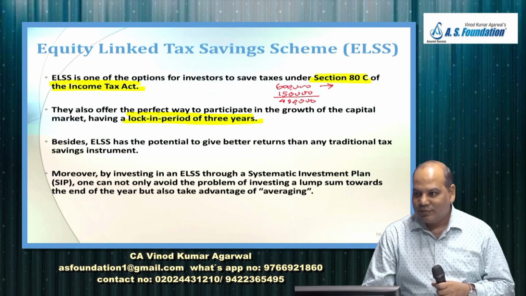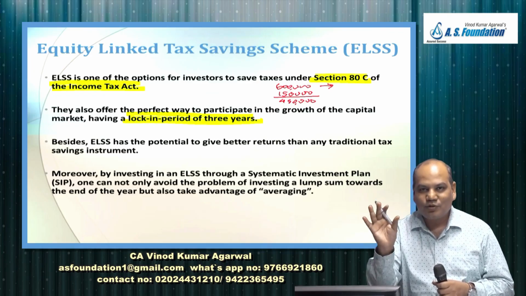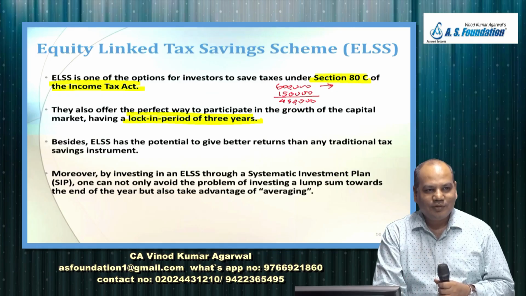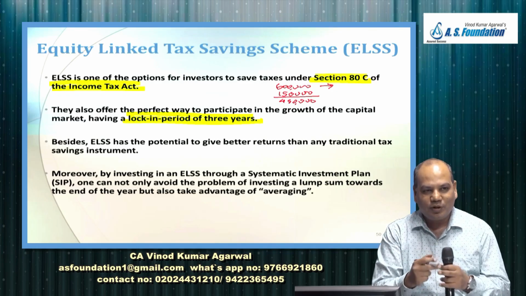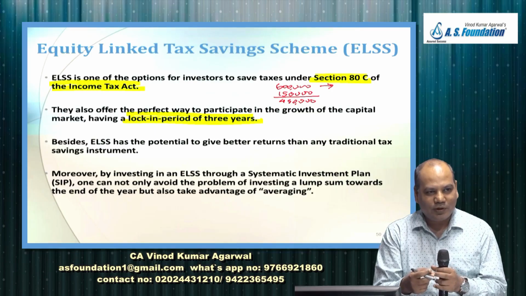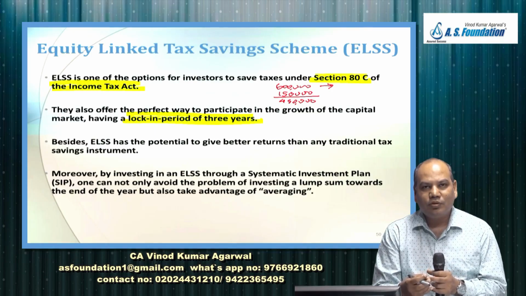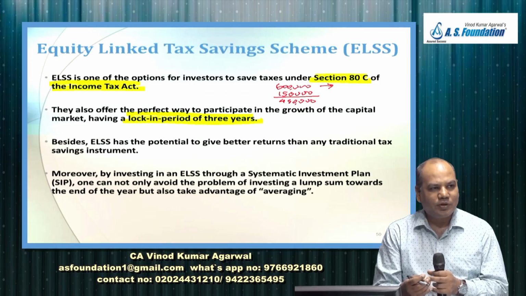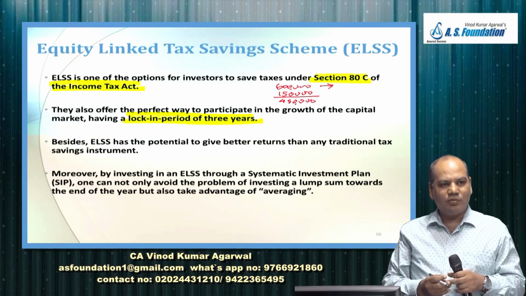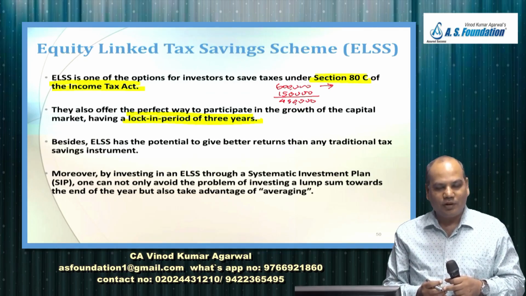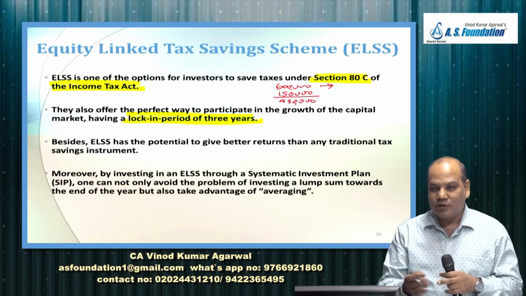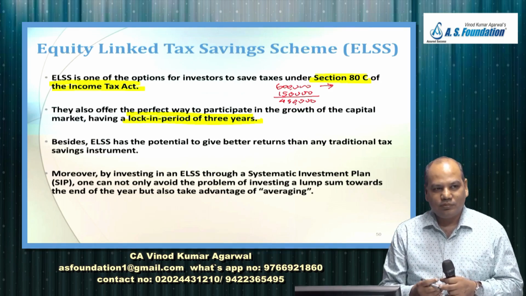30%? No. I think the first 2,50,000 is 0. Then 5%. So 2,50,000 into 5%, 12,500, and then 10%, 20% of 1 lakh, 20,000.